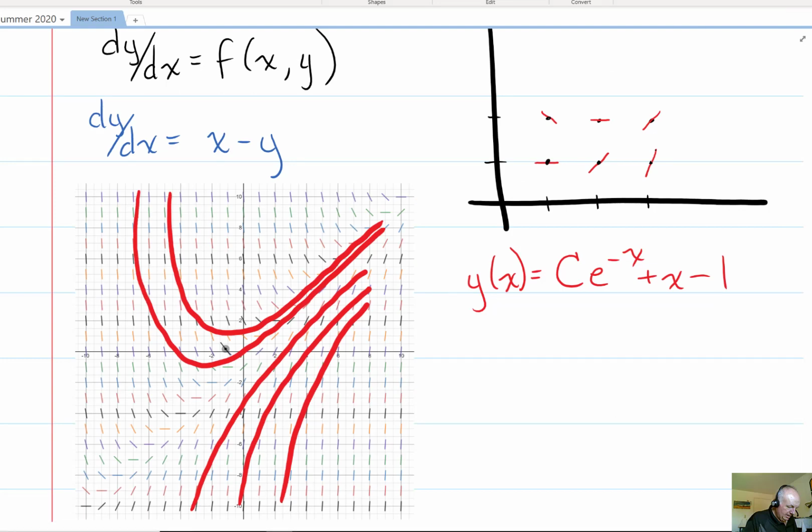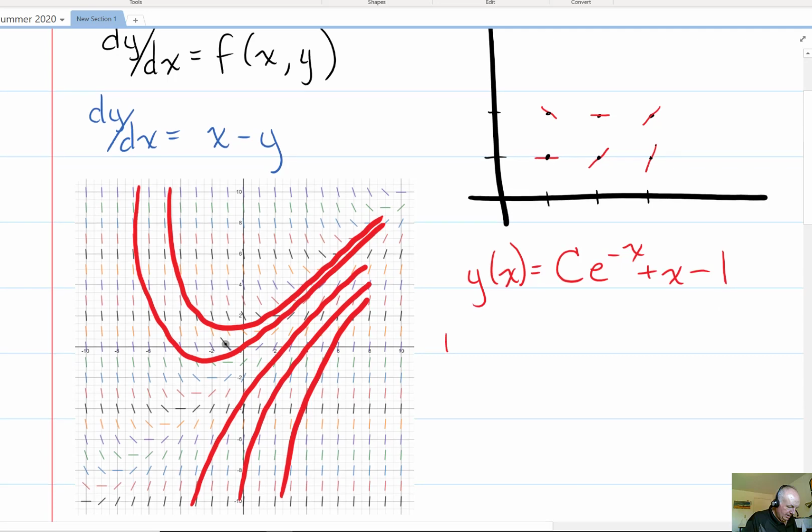We'll put it in coordinate form, but a lot of times we'll see it like this, right? y of negative 4 equals 4.